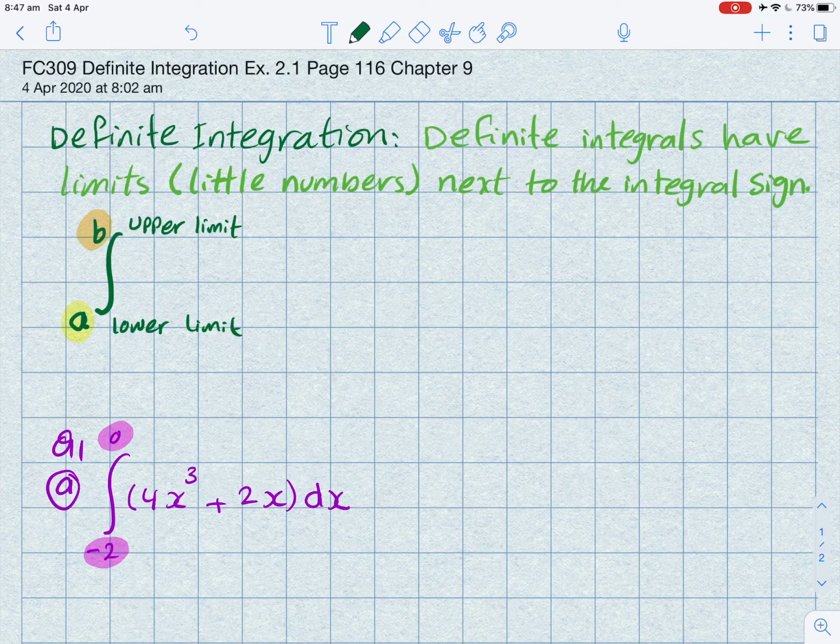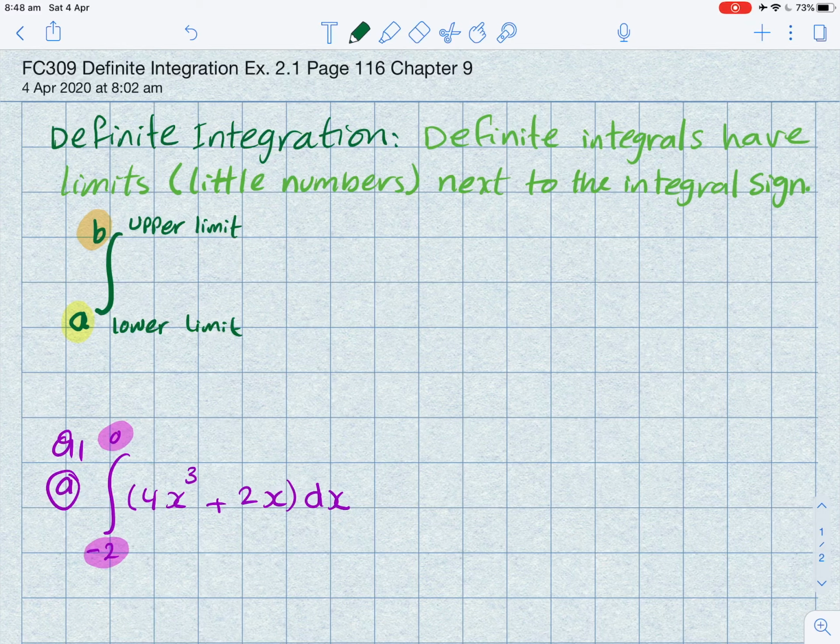Right, before I start, I just wanted to tell you about definite integration. What we mean by definite integration is that there is a limit. A definite integral has limits, small numbers at the top and at the bottom of the integral sign.